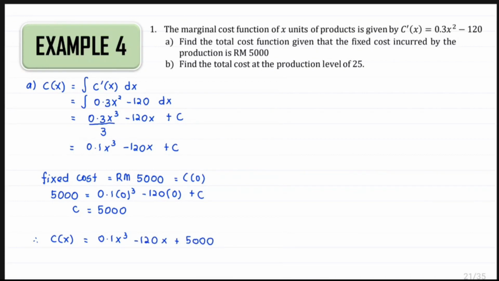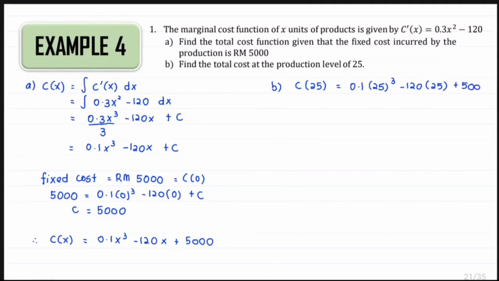Question B, we want to find the total cost at the production level of 25. Production level refers to the value of x. So we want to find the cost at x equals 25. Then we substitute 25 into x, so 0.1 times 25³ minus 120 times 25 plus the fixed cost 5,000.